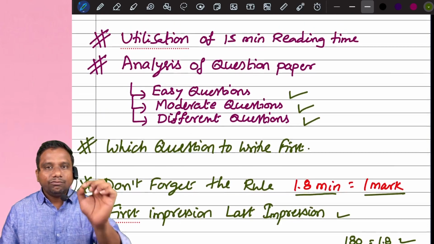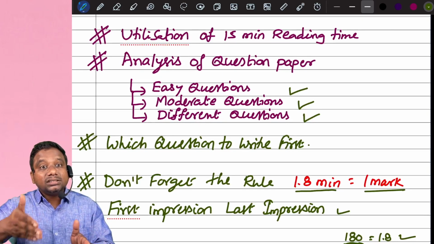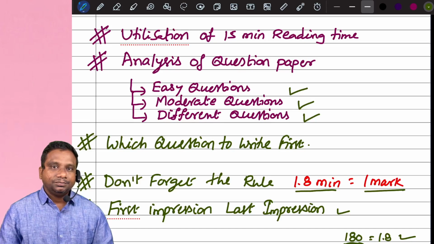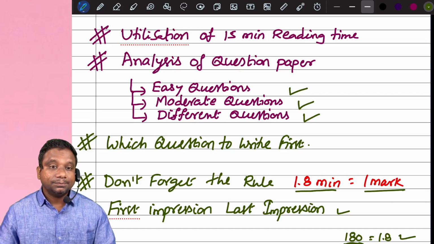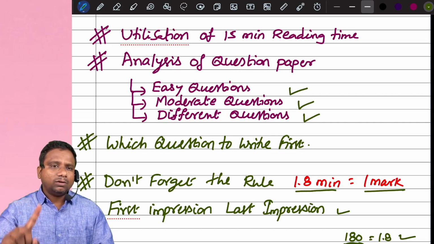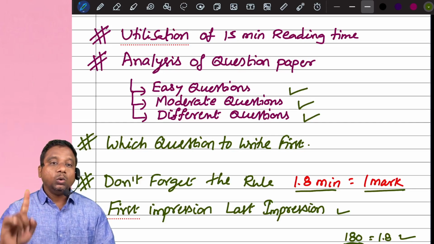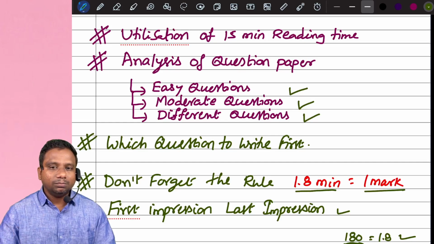So utilize this 15 minutes. This 15 minutes will decide your next 3 hours. Some students simply stay for 1 hour in the exam hall and then leave. Don't look at them. Mark this.